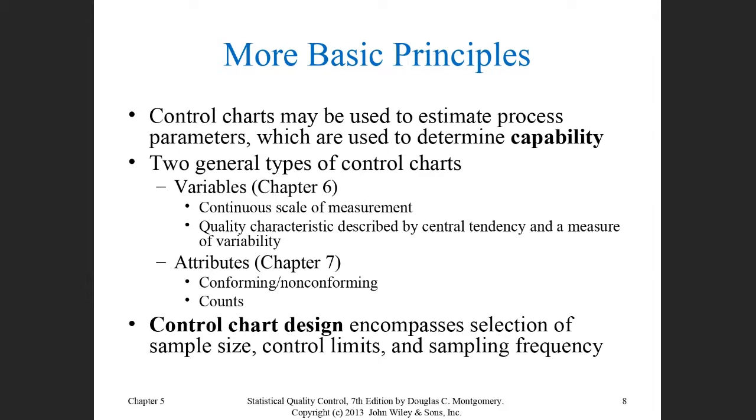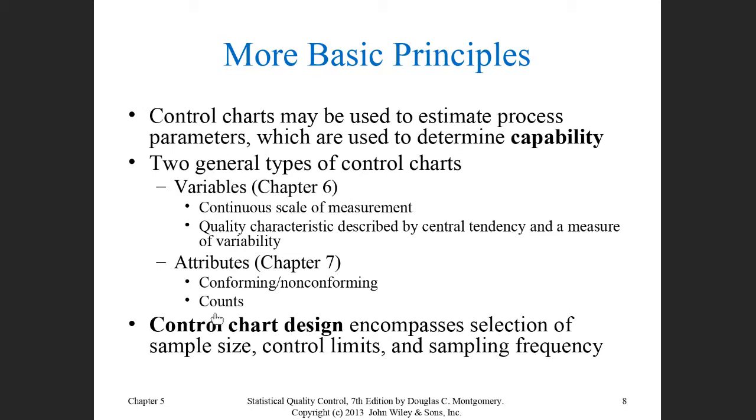We focus on the 7 main tools, the control charts model, and what we are going to cover here about the control charts, along with the other 6 tools. More basic principles about the control charts will be discussed and investigated in chapter 6, when we talk about the variable control charts, which are based on variable data like continuous data, like temperature, length, height.